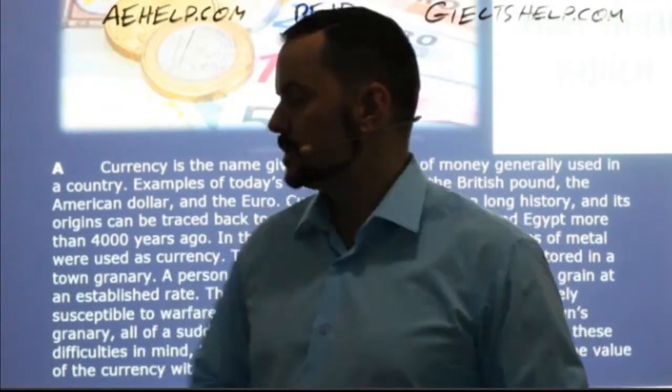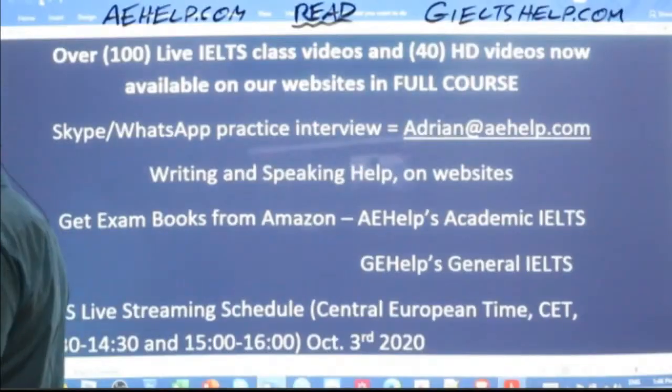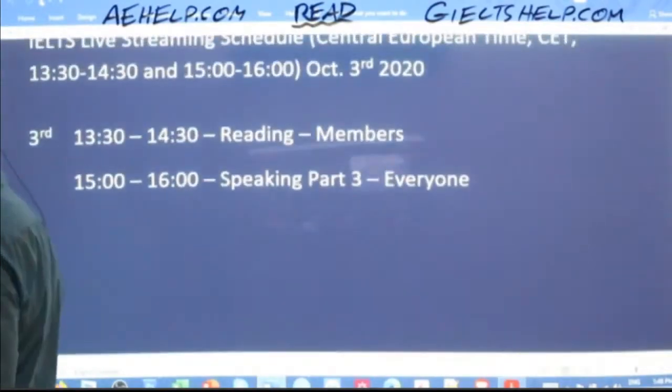Yeah, so if you're to ask me what this paragraph is about, I would say that, so my answer to you would be the earliest form of currency and its flaws.